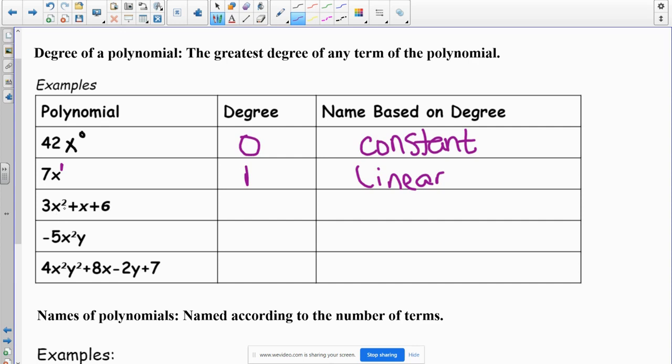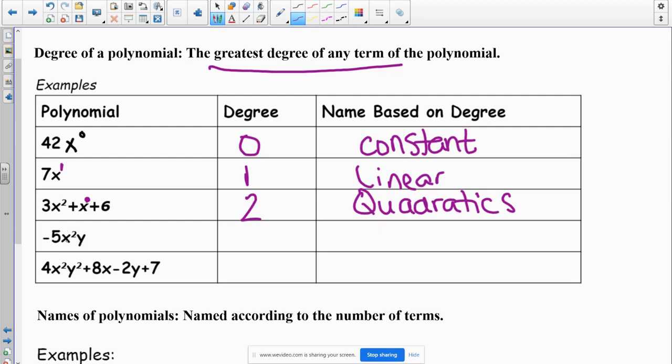This is a degree of 2, because we have 2 variables. This has a degree of 1, but the definition says the greatest degree, which would be 2. And anything that has a degree of 2 is one of our favorite quadratics. Again, we have a variable with a power of 2, and then we have a 3rd.